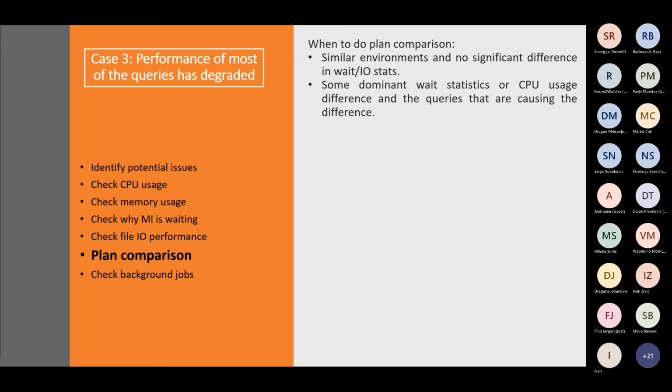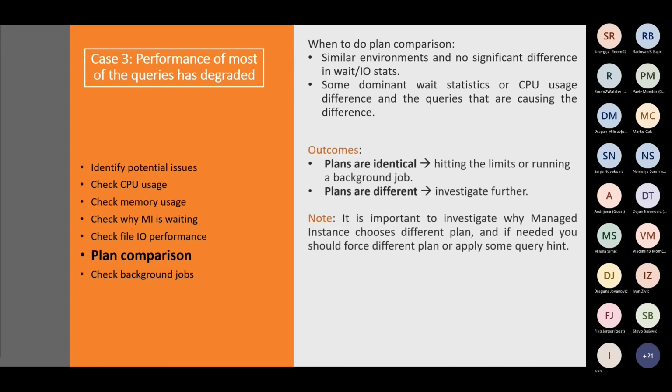When you identify the queries that are running differently on your source and target instances, the first thing you need to verify is whether the execution plans are the same. If the plans are the same, then probably you are hitting some limits, or there is some background job that is eating your resources while your workload is running.